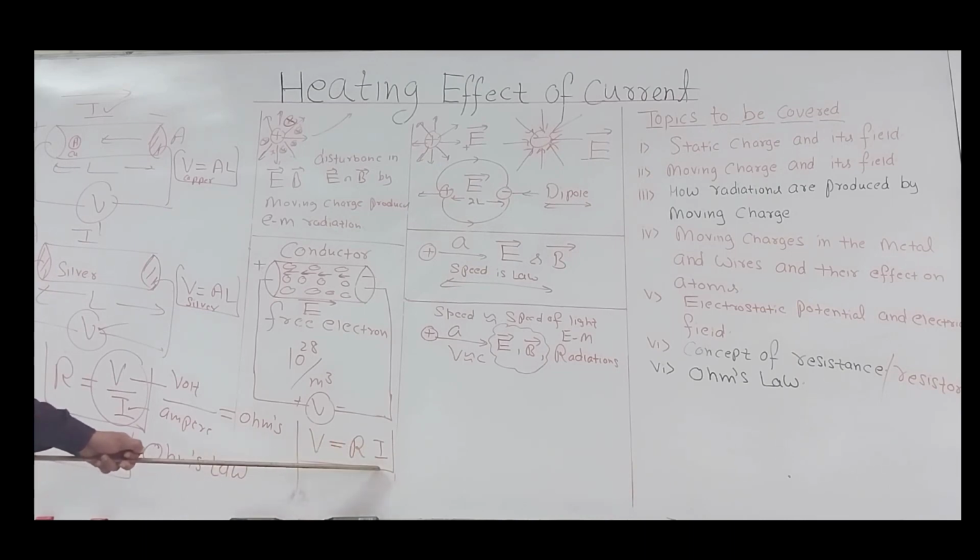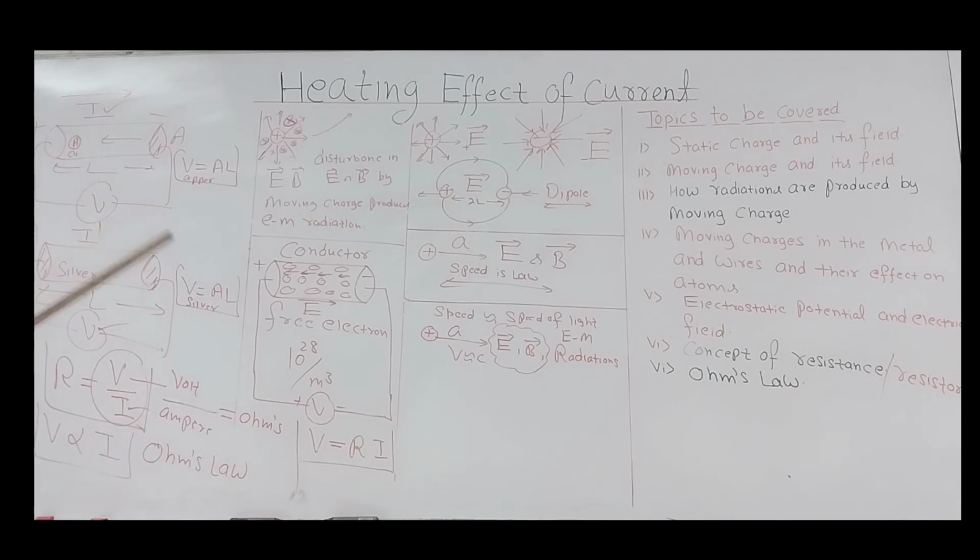So the change in current and the change in voltage are related by a constant, and that constant is the resistance. You can explain the resistance physically: under the same voltage and the same volume, two different materials produce two different currents. That is due to their difference in resistance, because different materials have different atomic structures.